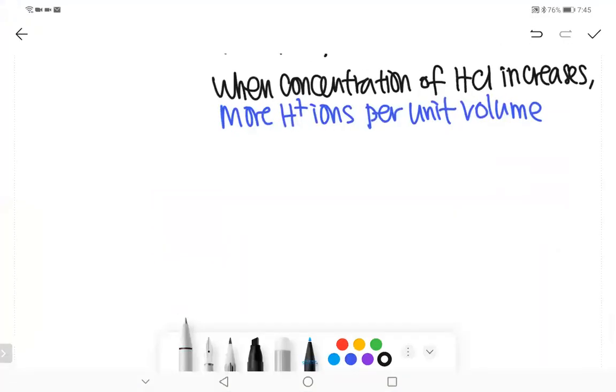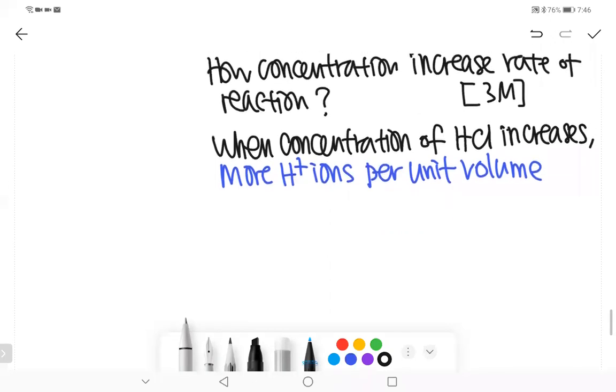When it's getting more crowded, you will have more and more collisions.